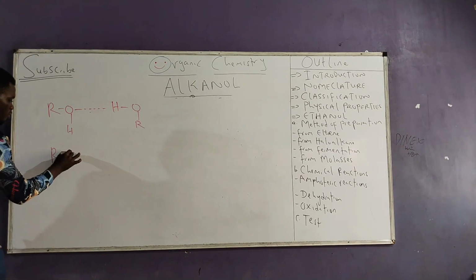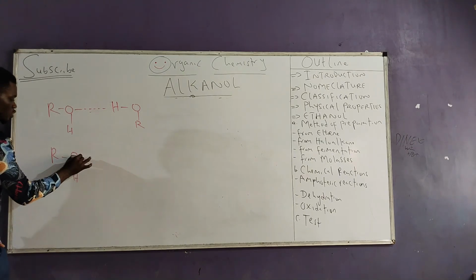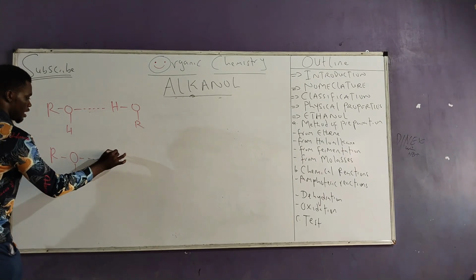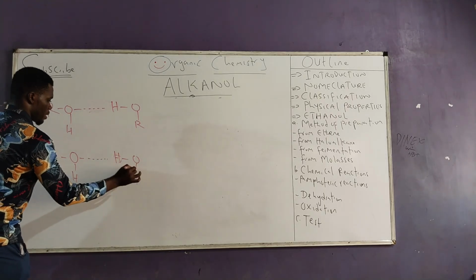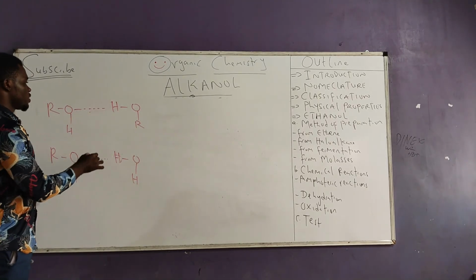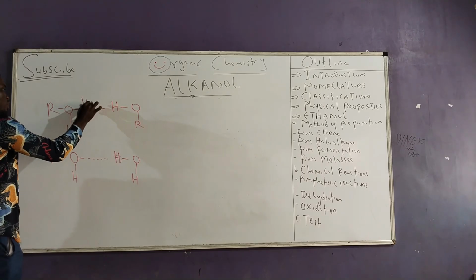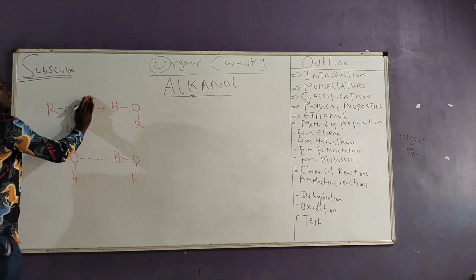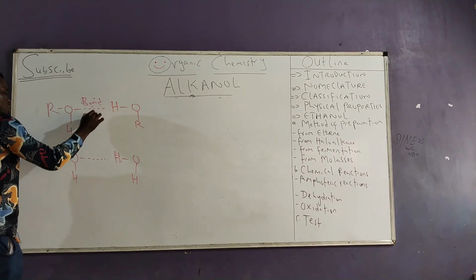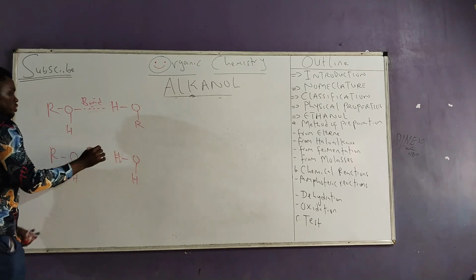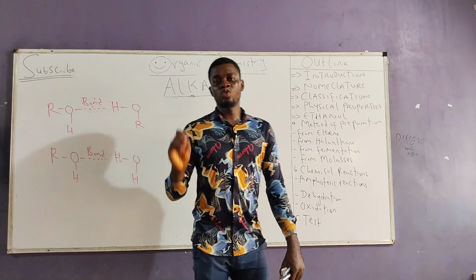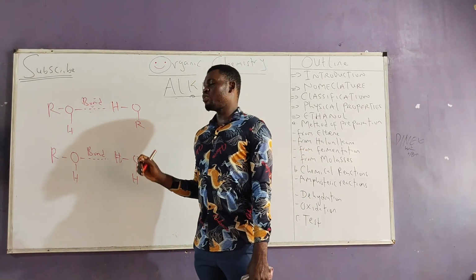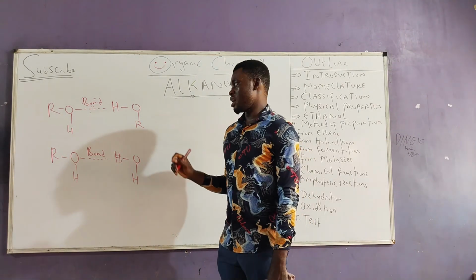Likewise, this same alkanol molecule can also form a bond with water. This type of bond also is hydrogen bond. So this is also a bond. This is also a bond. So for that reason, alkanols display two unique properties when it comes to boiling point and solubility.